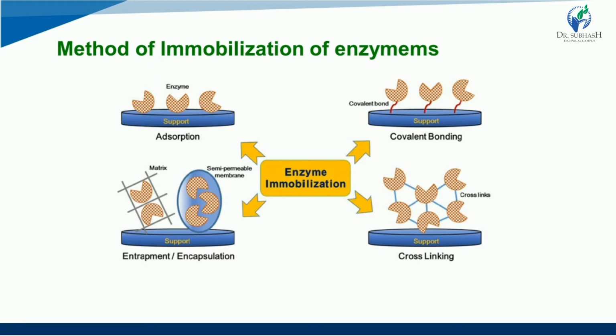So memorize this, and as I mentioned, you can also draw this chart in theoretical examinations. So memorize these methods of immobilization. I again apologize for the spelling mistake of the enzyme.